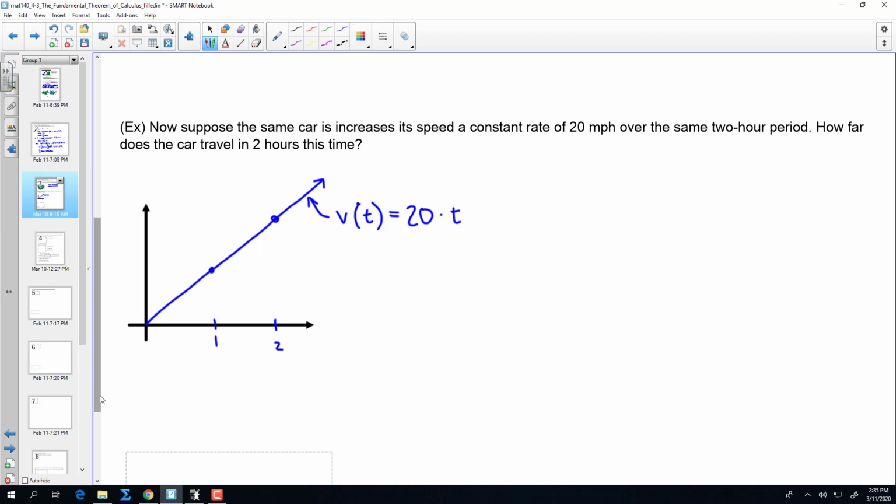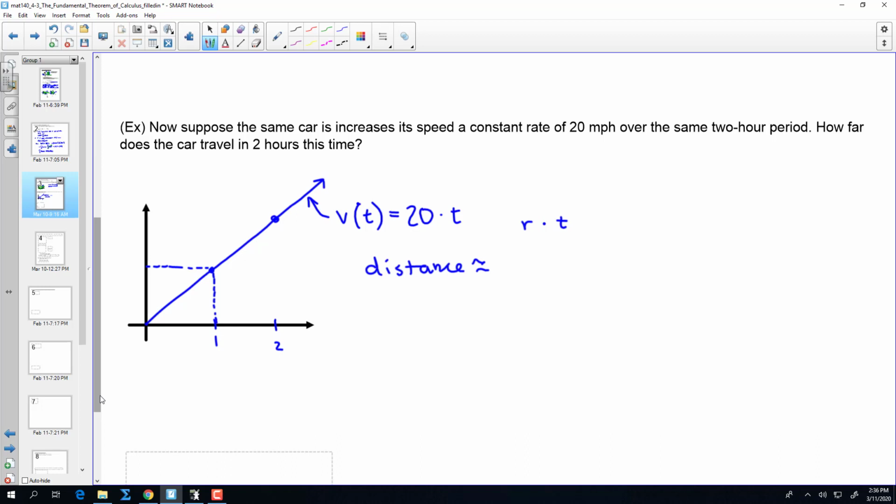So I could say the distance traveled is approximately, if we look in the first hour, I could take the area of this rectangle, and I could find that using distance equals rate times time. So the rate in the first hour times the amount of time. Okay. In order to do this, I'm going to use the rate of speed at the end of the first hour, just for simplicity.